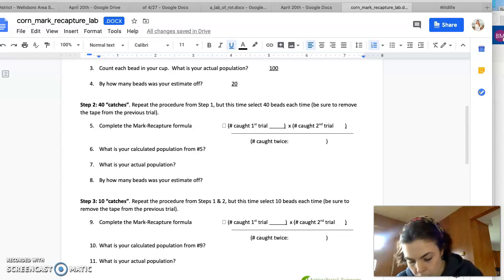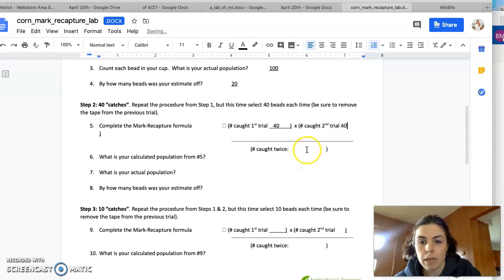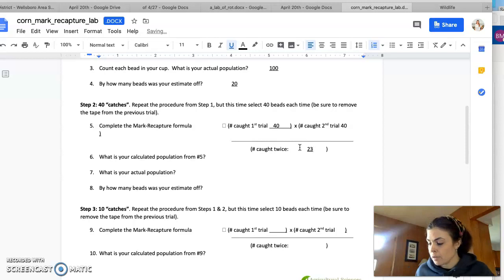Okay, so let me count them. So in this trial, we caught 40 to begin with. We tagged them. We put them back in the population. We caught 40 again, and we got 23 twice that time.